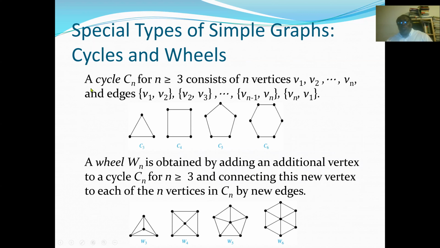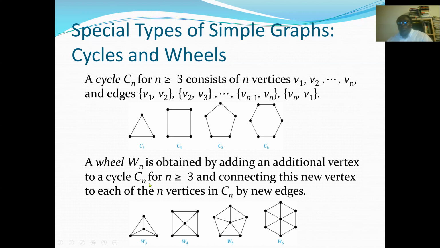And also we have what we call a cycle Cn, a cycle graph. A cycle graph means the number of vertices or the edges should be 3 or more. So we can see how we get our 3 first, then we go 4, 5, etc. And these are again special types of graphs.